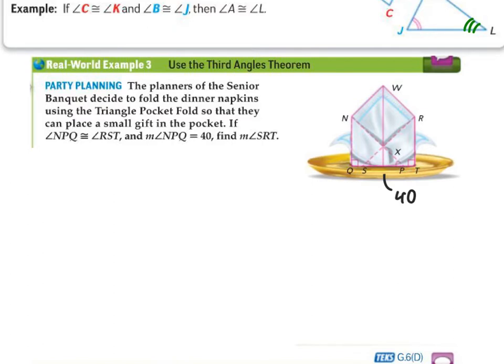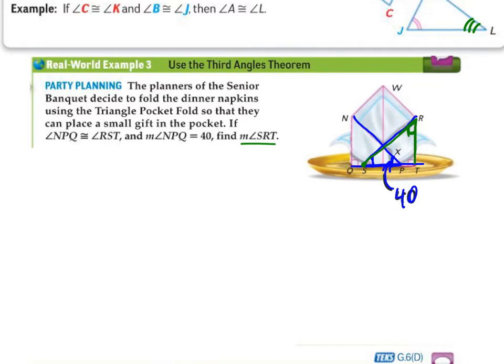So if angle NPQ is congruent to RST, these 2 angles right here, and the measure of NPQ is 40, so this angle is 40, find the measure of SRT. So we need to find this one.